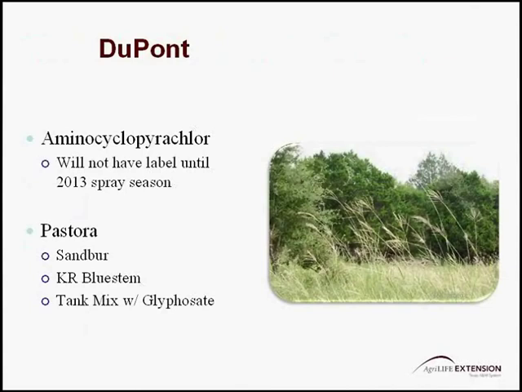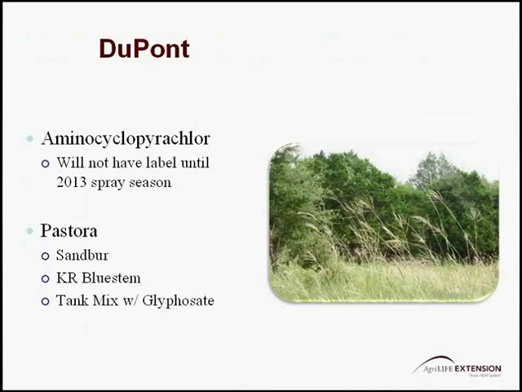Also, DuPont has some, well, you might be familiar with the herbicide Pastora. Usually it's recommended for sandbur control in Bermuda grass pastures, but they have a couple new 2EE recommendations for Pastora. One being a suppression for King Ranch bluestem or Clayburg bluestem. So basically, it's labeled again for Bermuda grass pastures.